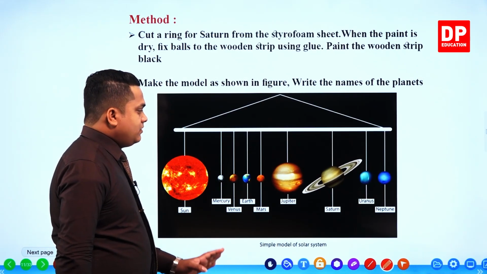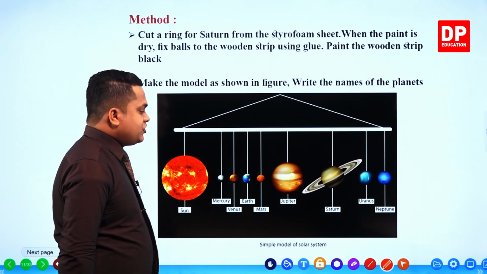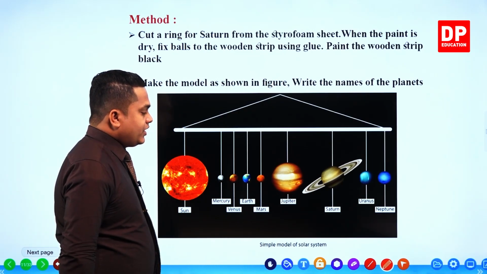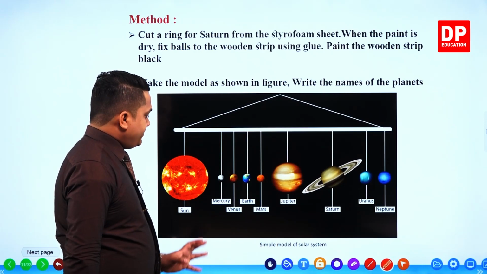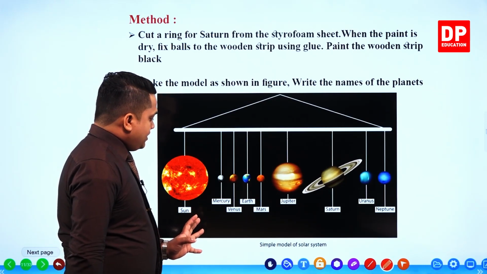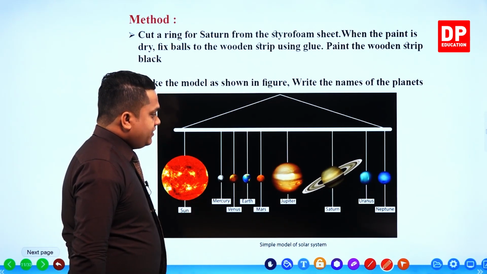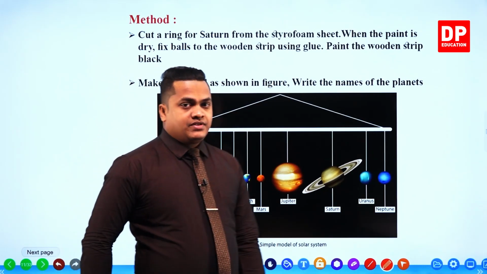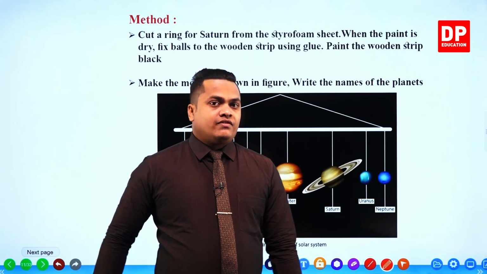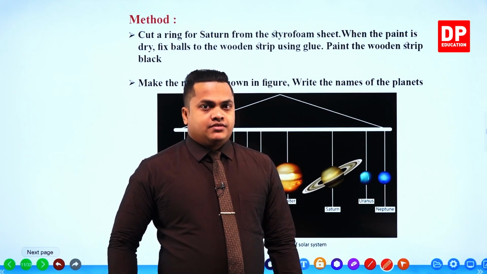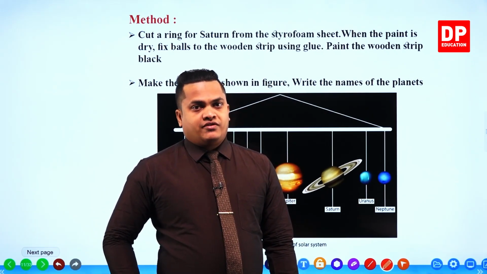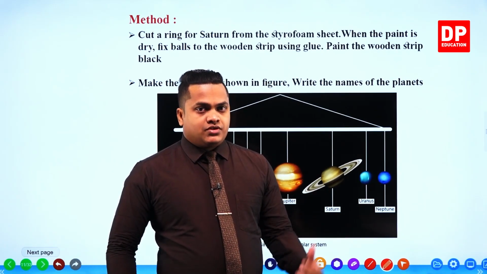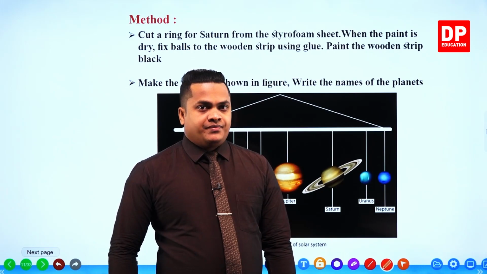So this is how the solar system is arranged in our space. Okay, so my dear children, as you can see here in the figure, these sizes represent the ratio of the planets. That's why we have to use the given dimensions.